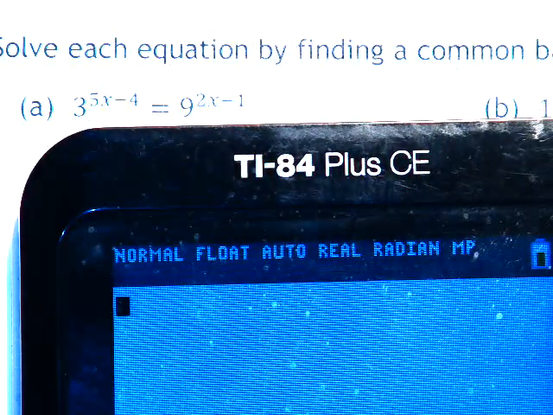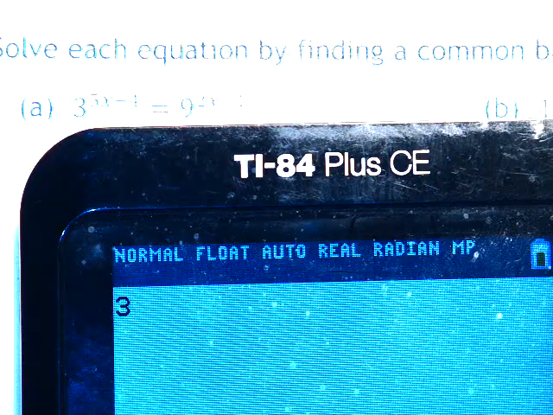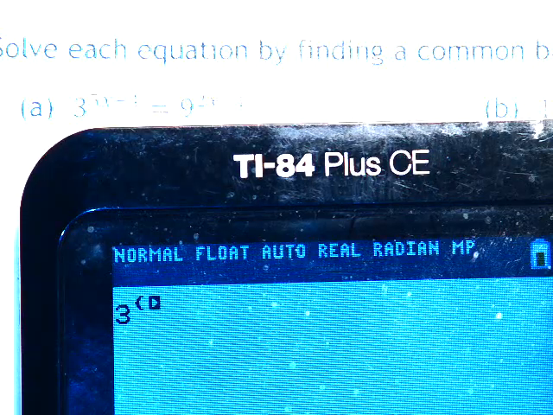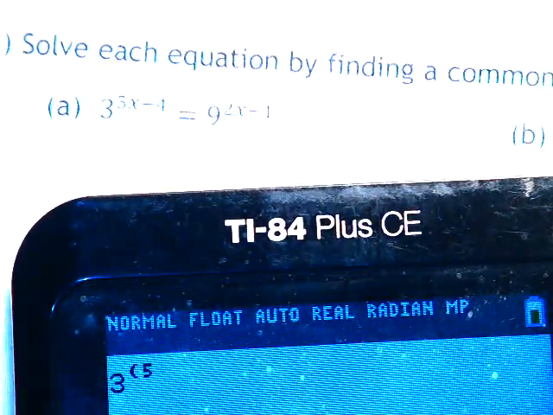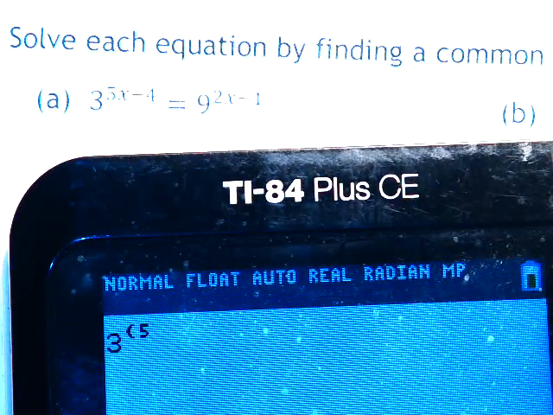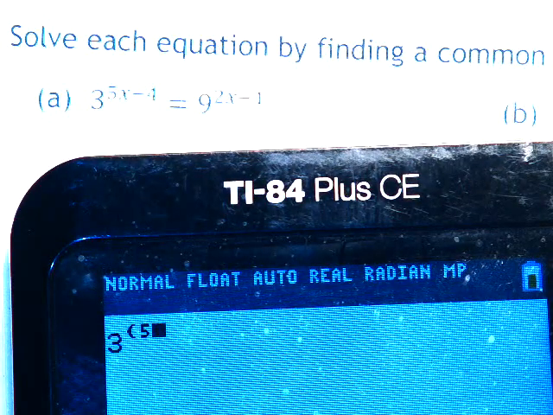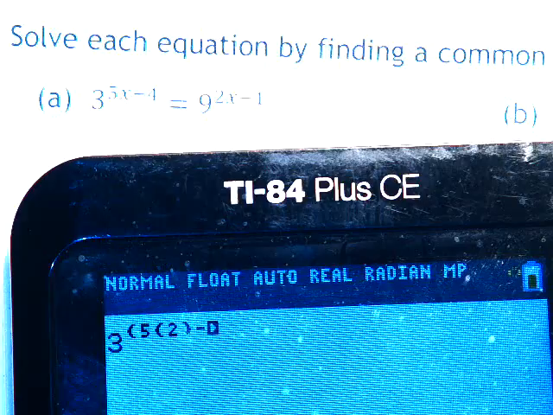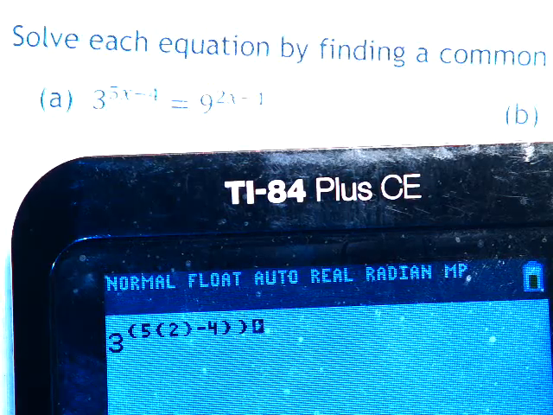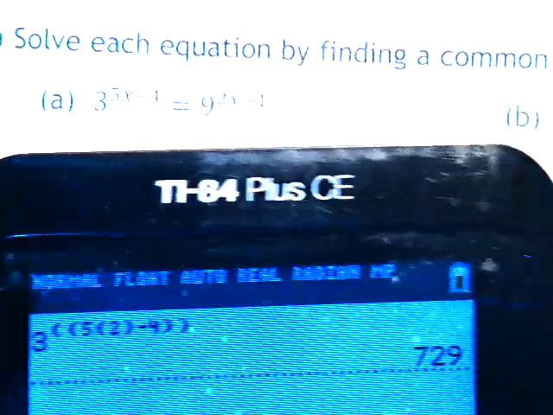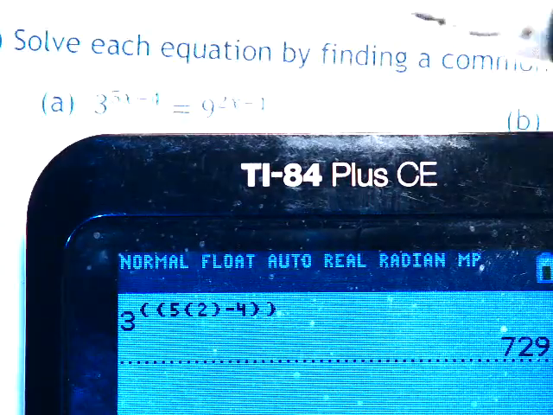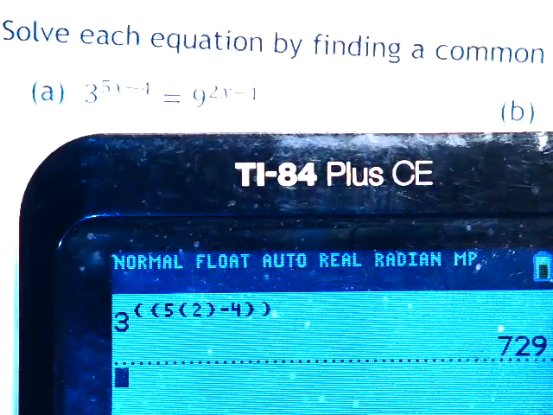So if I go to my calculator and type, I have 3 to the power of, and then I have 5 times, we just said the new solution is 2. So 5 times 2, or you can use more parentheses, minus 4. Remember, I don't care what the answer is. I just want to make sure that when I plug into the right-hand side of the problem, it matches.